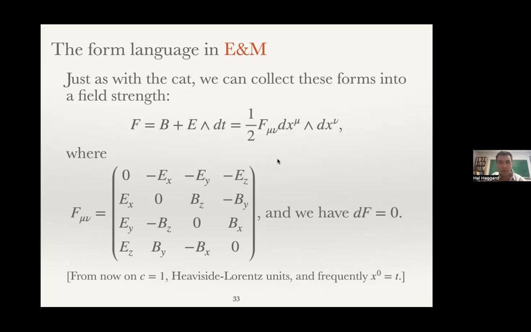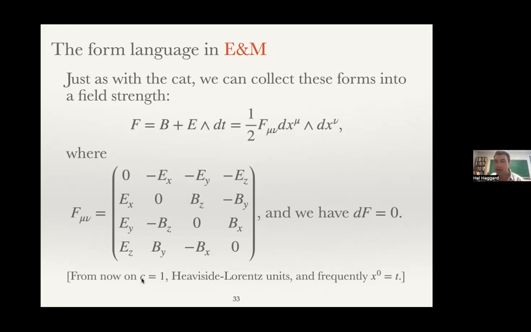A couple of quick comments about conventions. I'm now setting c equal to 1, just like I did with the mass and the radius above. I'm working in Heaviside-Lorentz units. These may be less familiar to you, but they set all the epsilon naught mu naughts in the SI units to 1, and they also get rid of all the 4 pi's in the Maxwell equations.